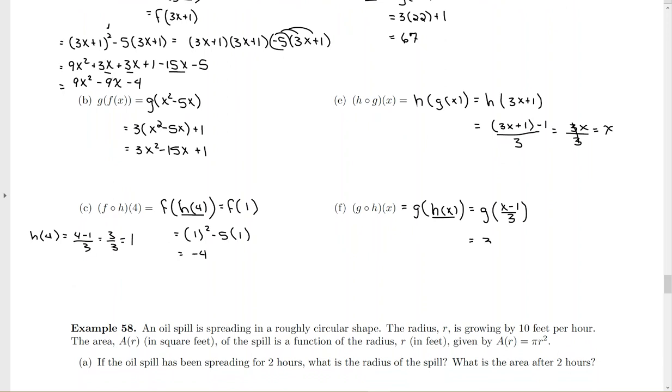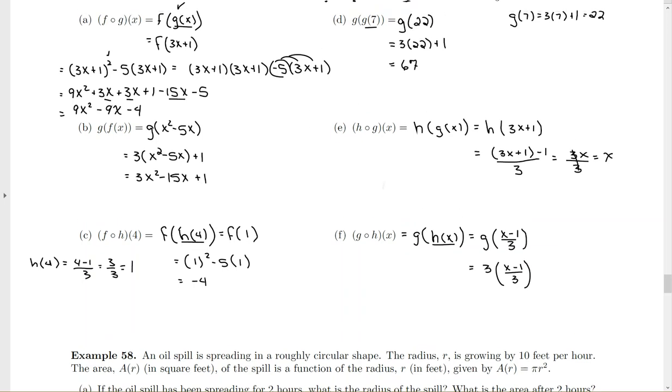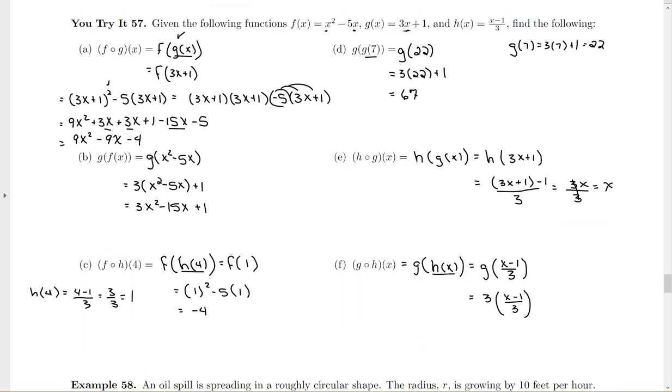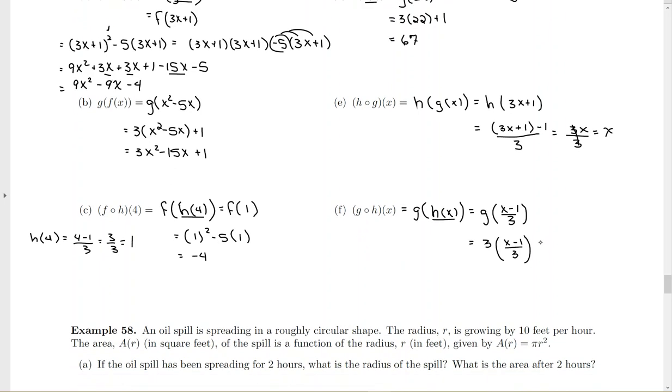So it's going to be 3 times x minus 1 over 3. And then it still had a plus 1 outside. These 3's can cancel, and I'm left with x minus 1 plus 1, which is also just x.